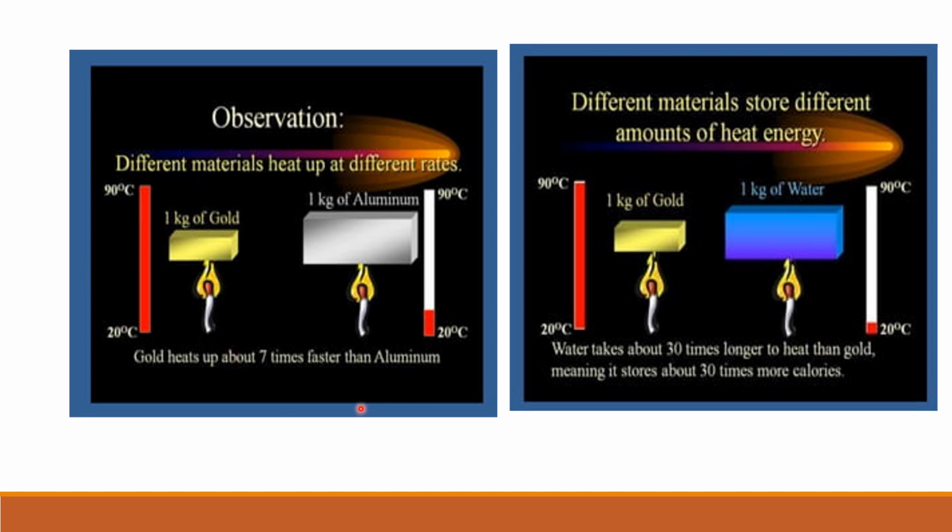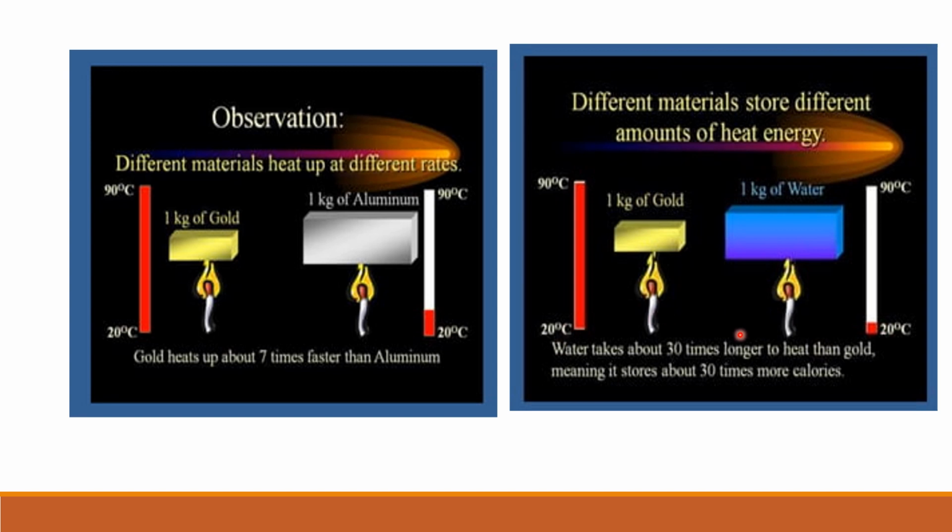So the amount of heat energy absorbed by the material, or the amount of heat developed in the material, depends on the type of material. Here is one more example we have shown. One is gold, another one is water. Here we take 1 kilogram of gold as well as 1 kilogram of water.